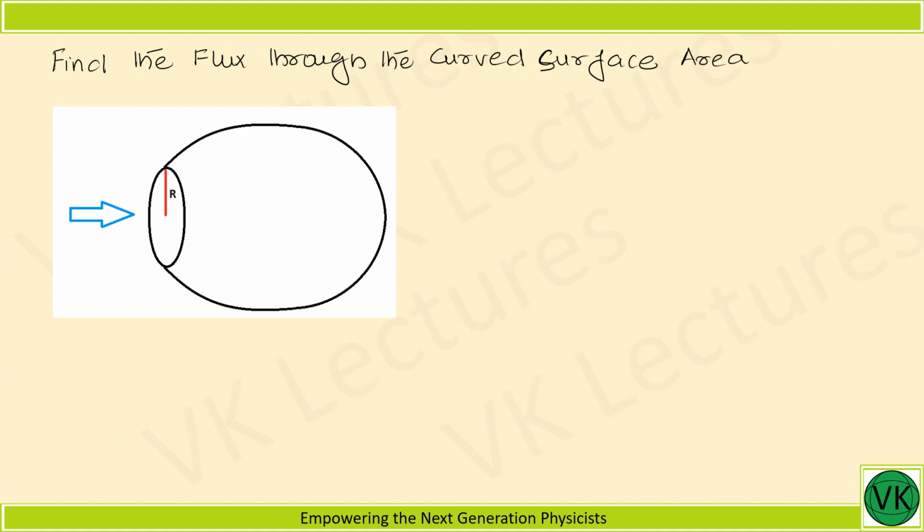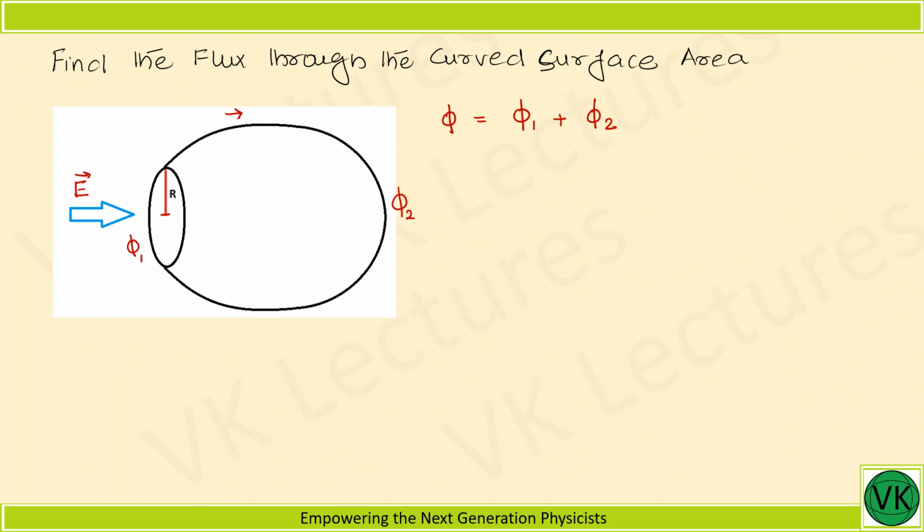Now the question is to find the flux through the curved surface area when the electric field E is given and it is in this direction towards the right side, and the mouth of the pot has radius capital R. Through the curved surface area and through the flat surface area, we can write the total flux phi as phi 1 plus phi 2. So let this be phi 1, and through the curved surface area let that be phi 2.